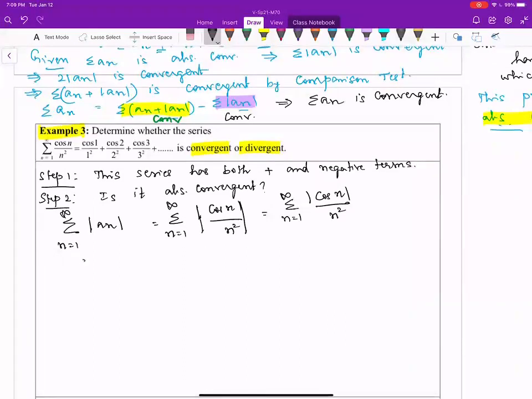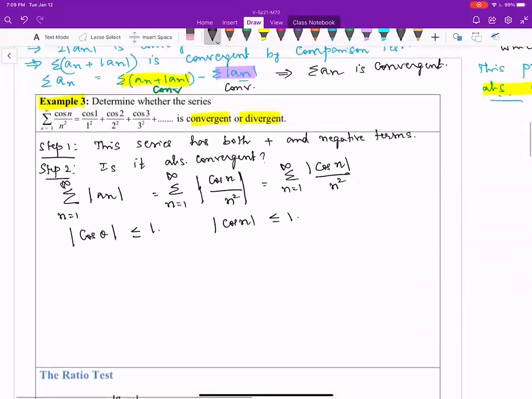So what do you know about cosine n? Absolute cosine theta is less than or equal to 1 for any value of theta. So absolute cosine n is going to be less than or equal to 1.